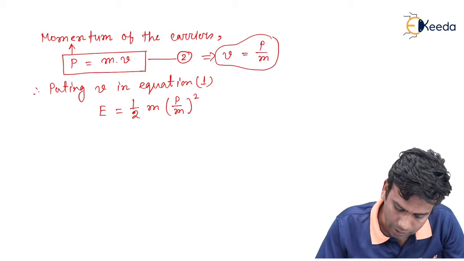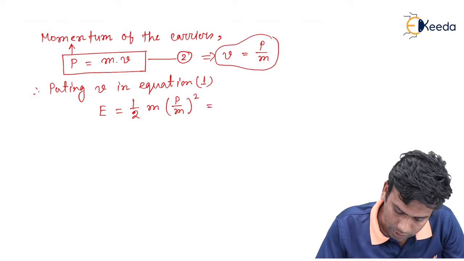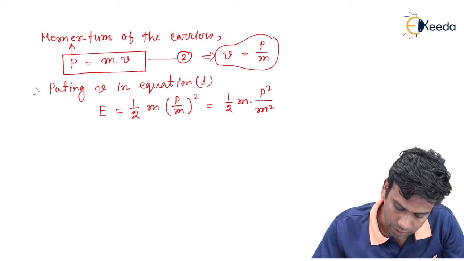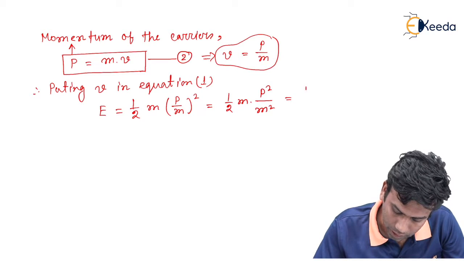So ultimately we can get half m p square by m square, or we can say half p square by m.